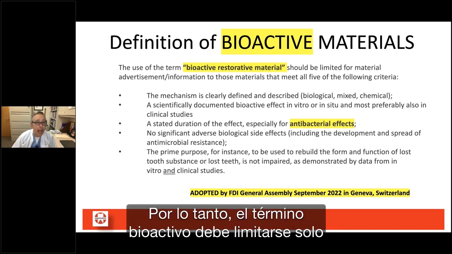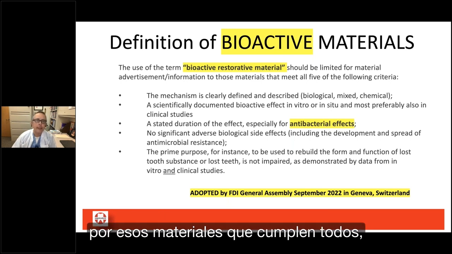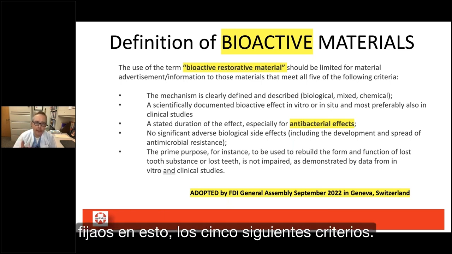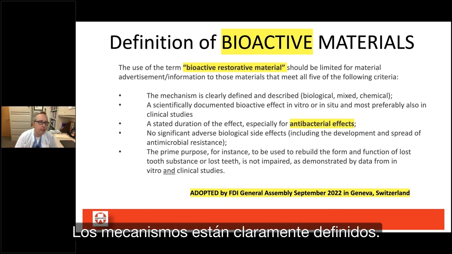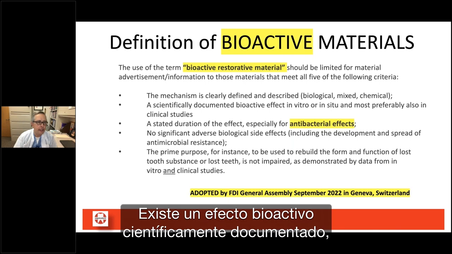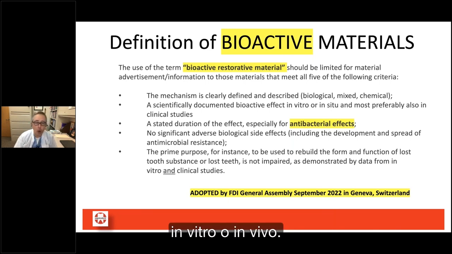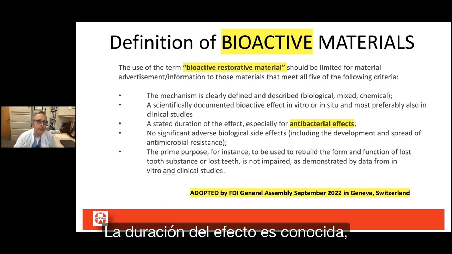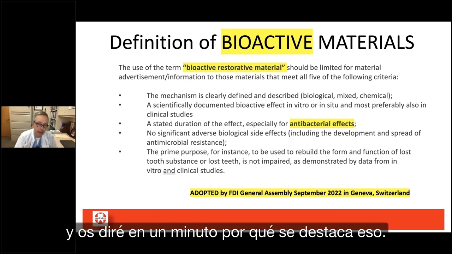So the term bioactive should be limited only to those materials that meet all, listen to this, all 5 of the following criteria. The mechanism is clearly defined. There is a scientifically documented bioactive effect in vitro or in vivo. The duration of the effect is known. Also, antibacterial effects, and I will tell you in a minute why that is highlighted.